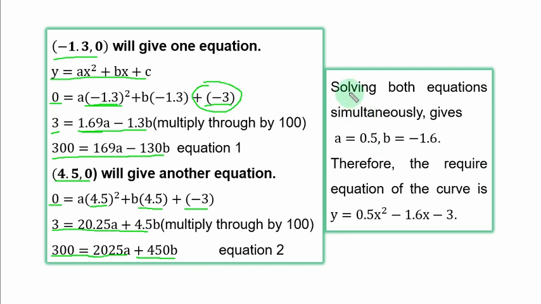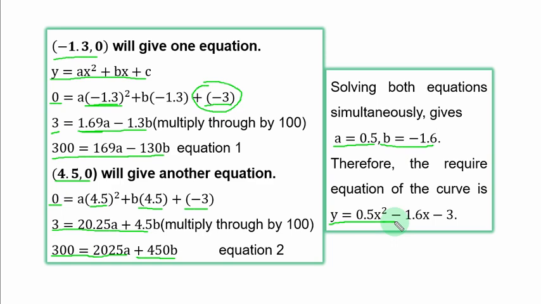Solving both equations simultaneously gives a equal to 0.5 and b equal to -1.6. You can see my teachings on simultaneous linear equations. Therefore, the required equation of the curve is y equal to a, which is 0.5 s squared, then plus bs, and b is -1.6.